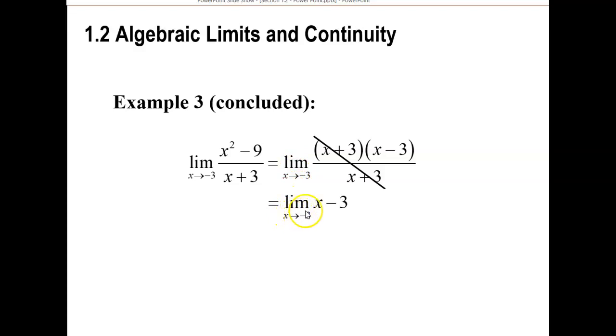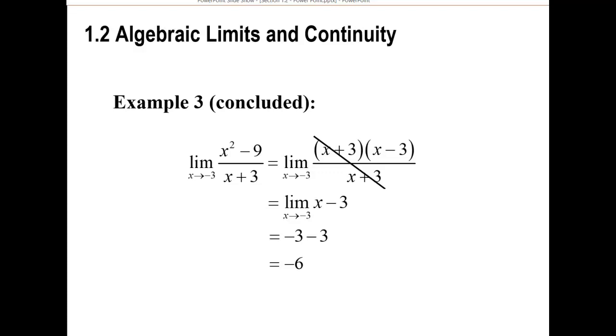The limit as x approaches negative 3 then becomes just equivalent to taking it of just what's left over, x minus 3. So this is a polynomial function, meaning you can just do direct substitution. So I plug negative 3 in for the x and evaluate, and this limit is equal to negative 6.